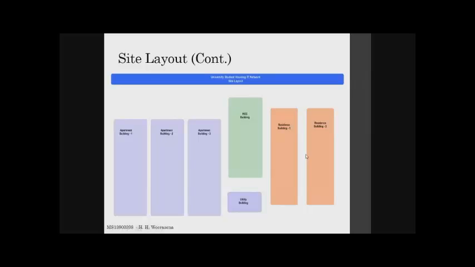Next, this diagram shows the site layout of the hypothetical university. As you can see, the apartment buildings and the residence buildings are pretty larger than the utility building. The RCC building, or the residential computing center building, has the core network of this hypothetical network.